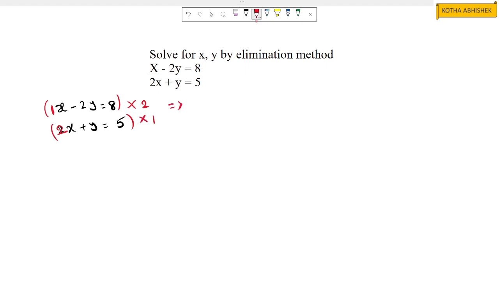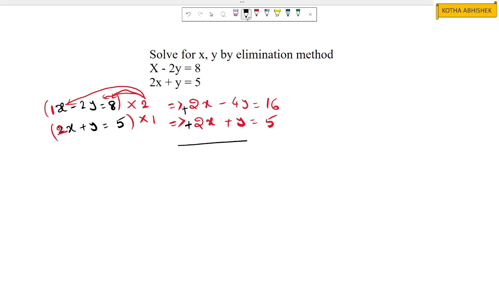Now this 2 will multiply with each and every term inside the bracket. So 2 into 1x is 2x, minus as it is, 2 into 2y is 4y, equals 2 into 8, 16. Moving to the second equation, we are multiplying with 1, right? So if we multiply with 1, everything will be as it is: 2x plus y equals 5. Now if we observe here, in the first equation this is plus, in the second equation also plus, both are the same symbol, so we will do subtraction.